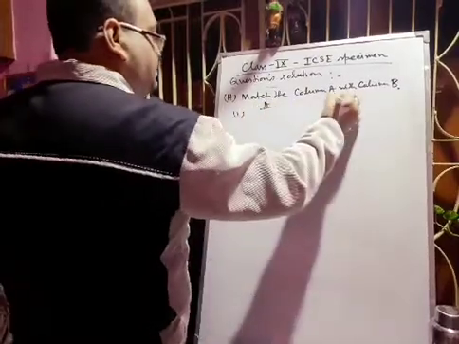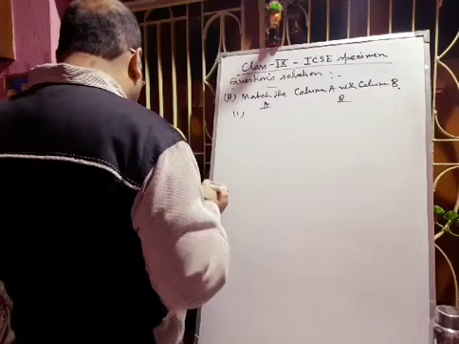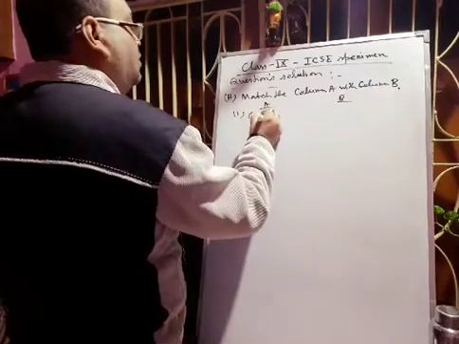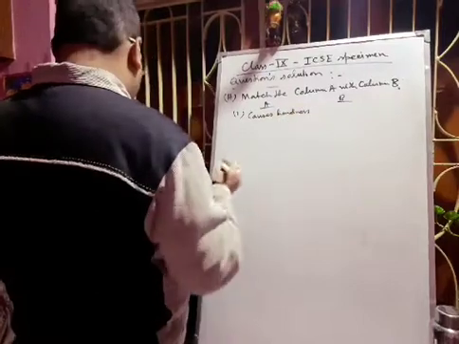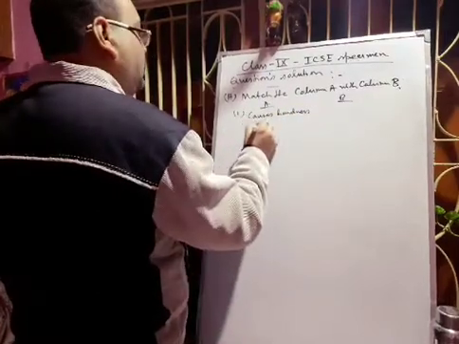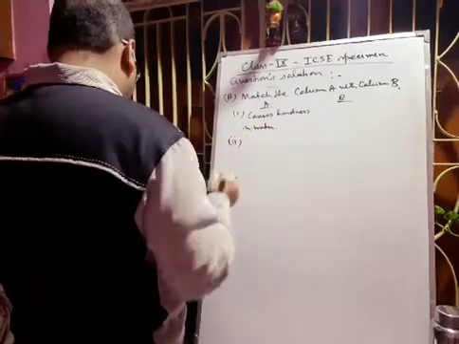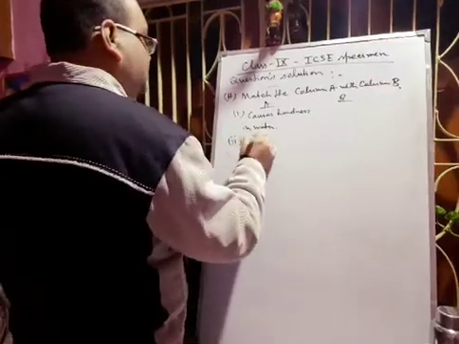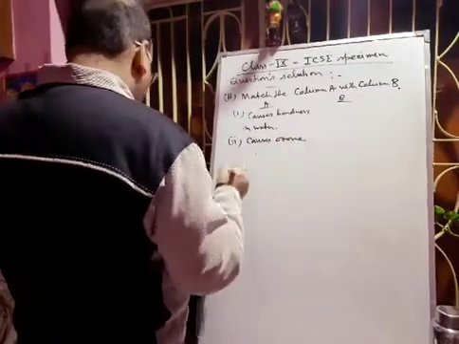Column A is given causes hardness in water. Option 2 given causes ozone depletion.